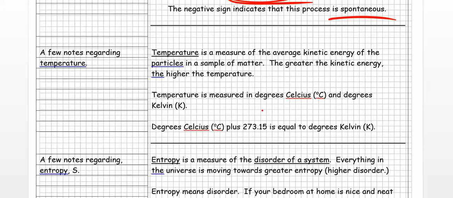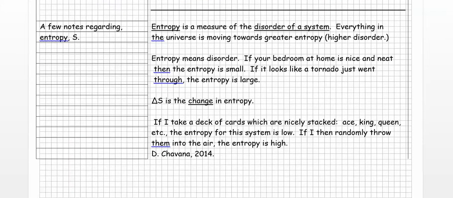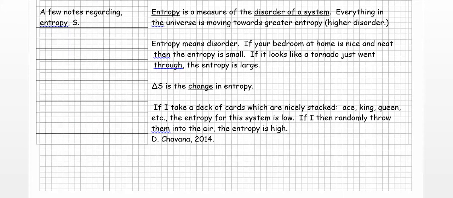Well, you can say degrees Celsius plus 273.15 will give you degrees Kelvin just like that. So if you want to go from Celsius to Kelvin, just add 273. So that's that. And then just a couple of final notes regarding delta S, and that is this.